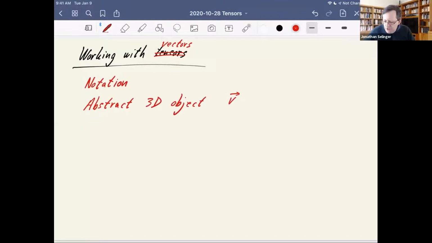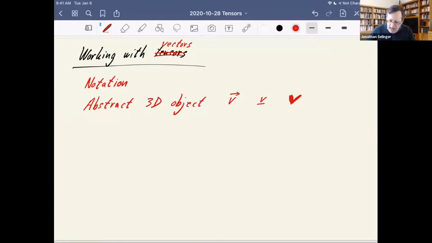Some people, a sort of old-fashioned notation is to write a letter with an underline under it. You might see that in some books. In a printed book, it's often written in boldface. So it would be like V, like that, which is how it looks in my book, but I can't do that with a pen very easily. Okay, so this is a vector as an abstract 3D object.